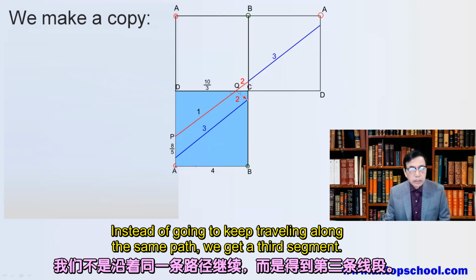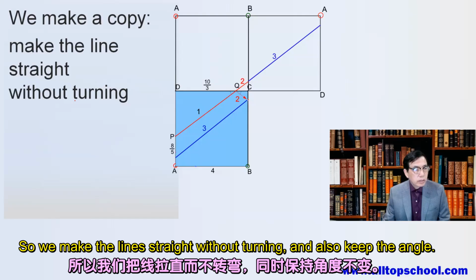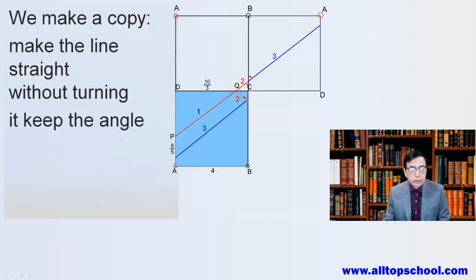Instead of turning, we keep traveling along the same path, and we get a third segment. So we make the lines straight without turning and also keep the angle, because you can see it continues with the same angle right here.